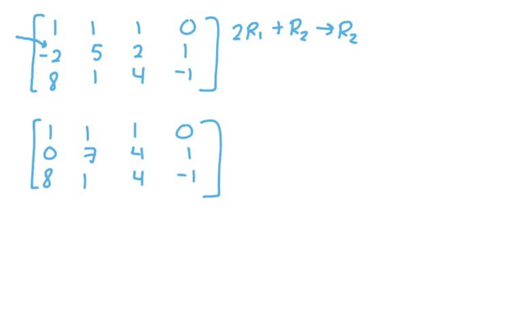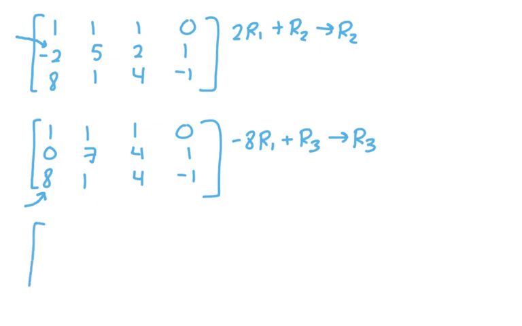So when you do these, check your arithmetic, because it is easy to make a mistake when you are doing a lot of adding and subtracting in problems like these. Now, I want that 8 turned into a 0. So I'm going to take negative 8 row 1, add it to row 3, put the result back into row 3.